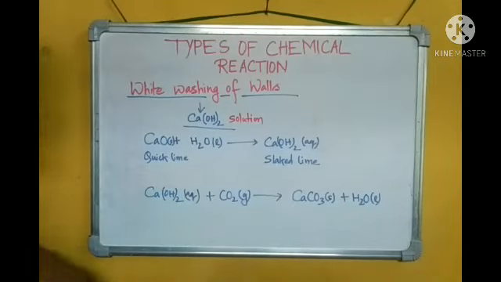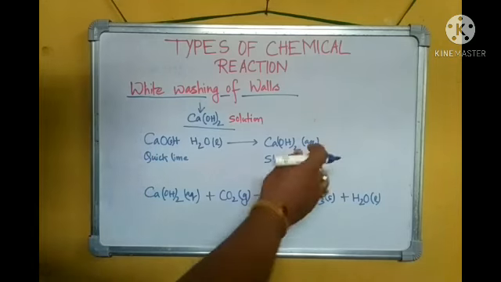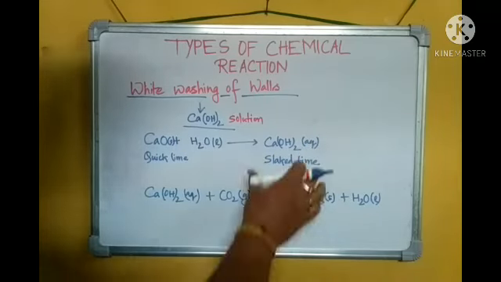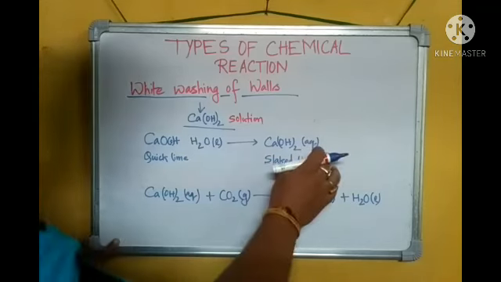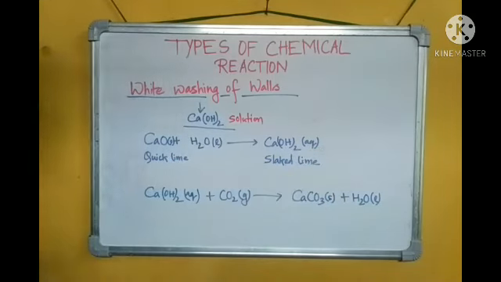Solution means calcium hydroxide in water. Whenever there is a solution, something is dissolved in some other liquid. So here calcium hydroxide should be dissolved in water. Aqueous means that calcium hydroxide is in its dissolved state in water. If anything is dissolved in water, we can write its state as aqueous. So here calcium hydroxide is formed as a solution in water.